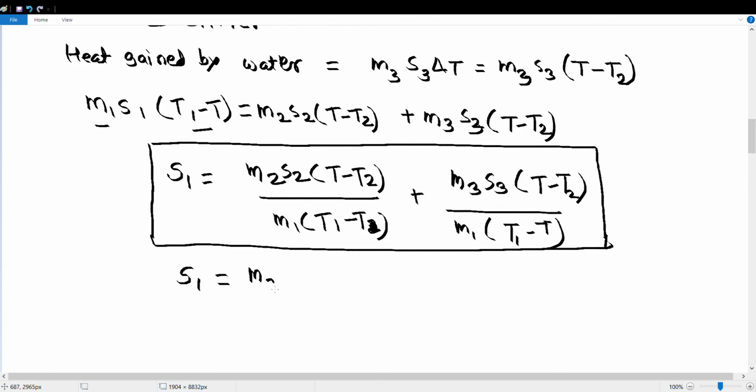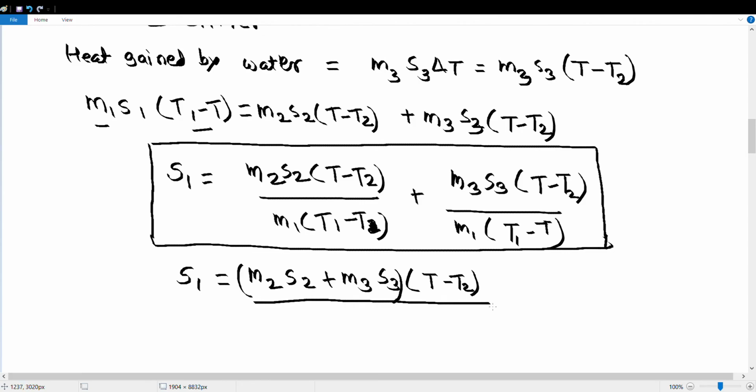So M2S2 plus M3S3, and which term is common? T minus T2. This term is common. So this divided by M1 T1 minus T. By using this formula, one can calculate the specific heat of the substance.